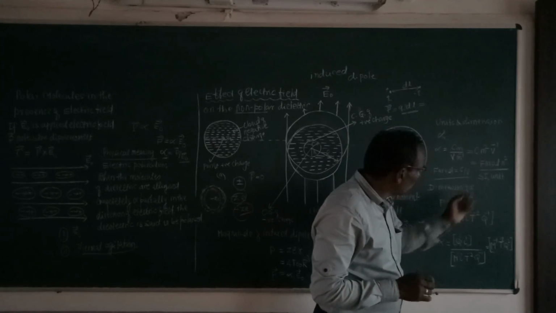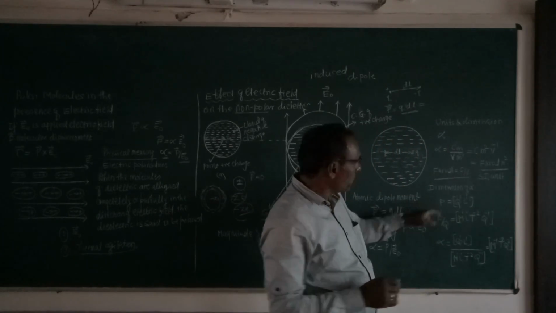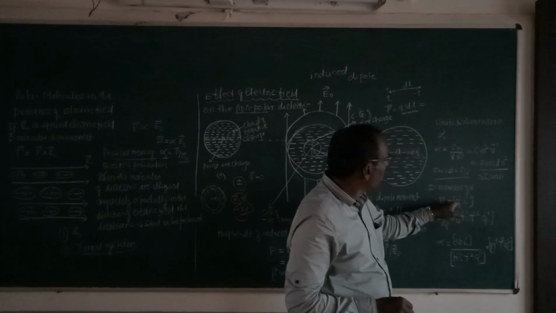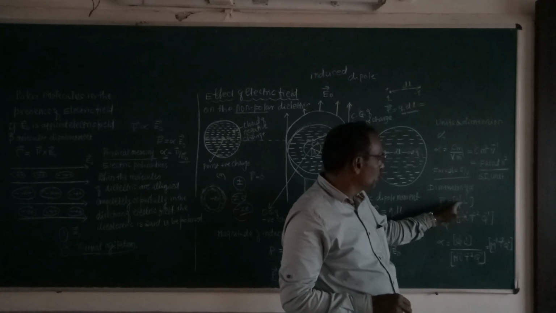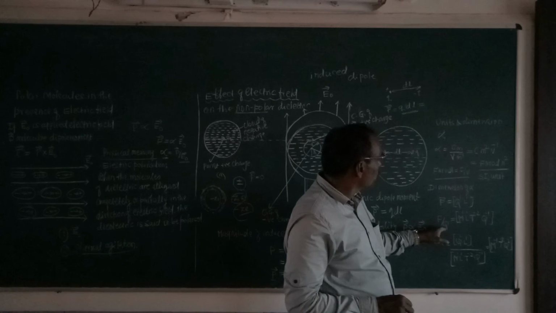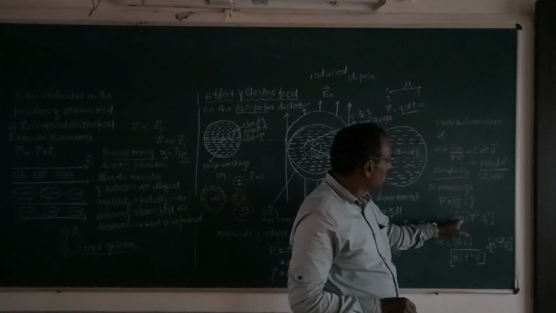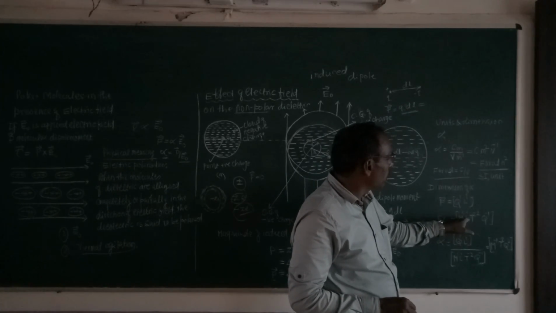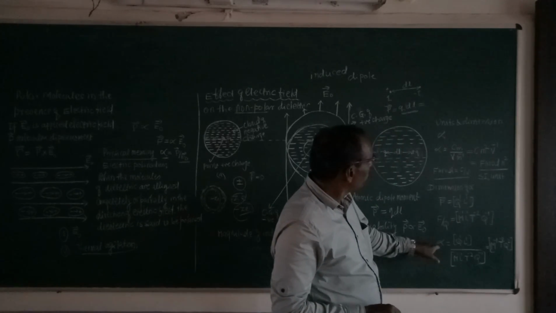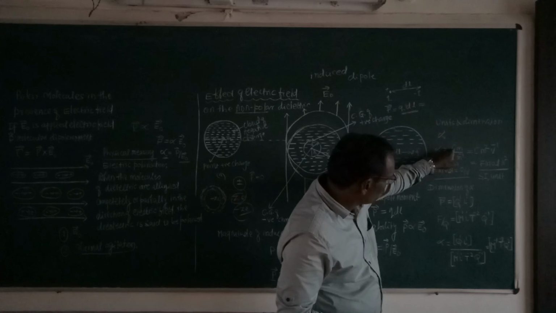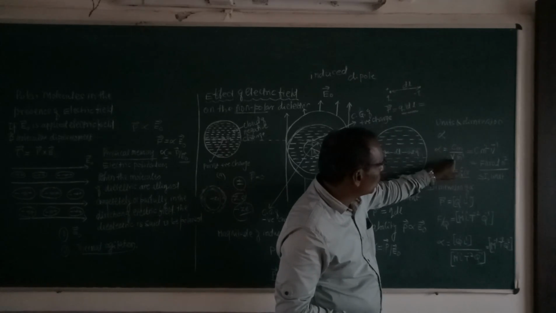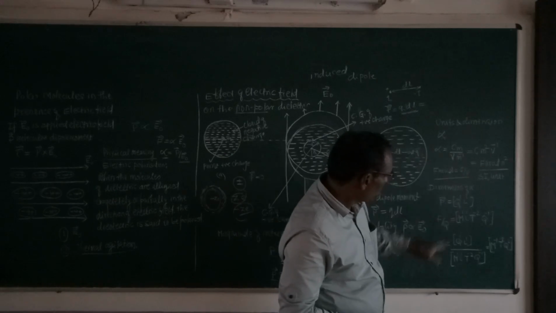What is the dimension of this? The dimension of dipole moment is charge into distance, Q into L, and the electric field is force per unit charge, with force being M L T raised to -2, and Q raised to -1. Alpha is charge into distance divided by volt into meter.